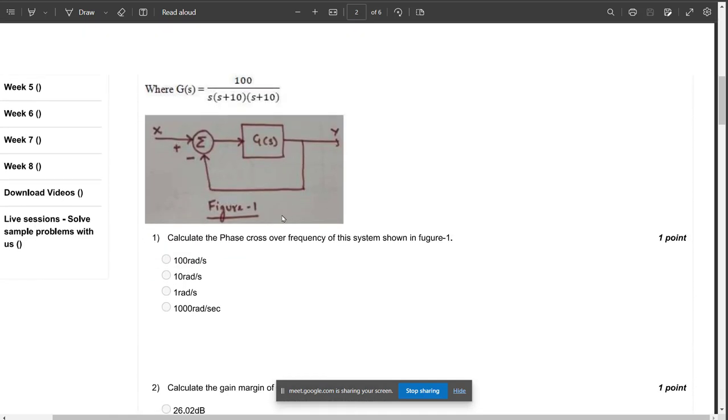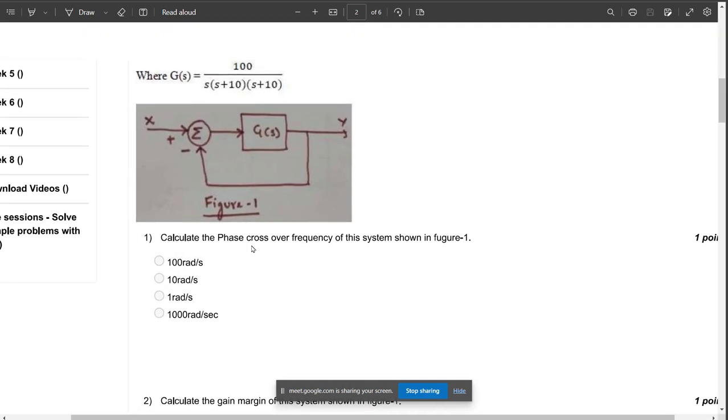Now you have to calculate the phase crossover frequency of the system shown in figure 1.